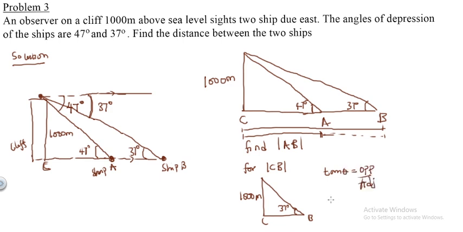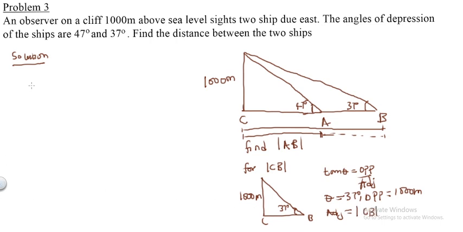So from here we have our theta to be 37 degrees. Our opposite here is equal to 1000 meters. Our adjacent is line CB. Let me clean up space so that I can do it here. That means we have tan 37 is equal to 1000 over CB, line CB.